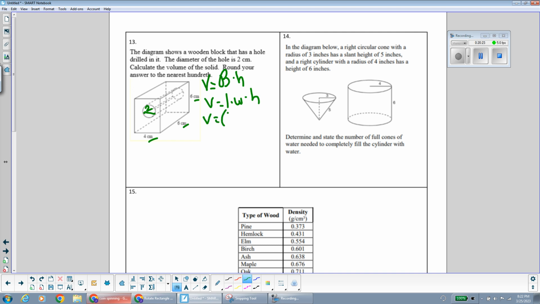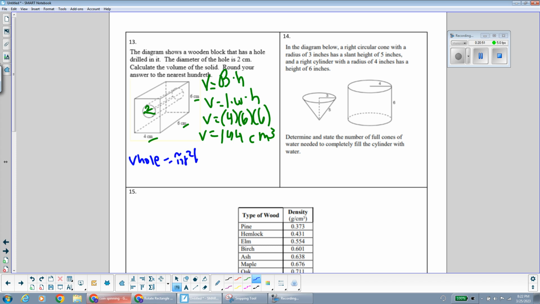So that would be 4 times 6 times 6. I'm going to put that into my calculator. 4 times 6 times 6, and I got 144 cubic centimeters.